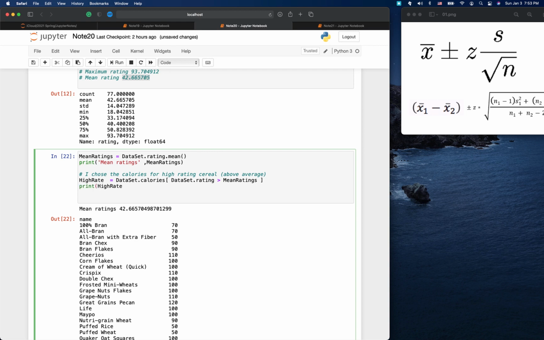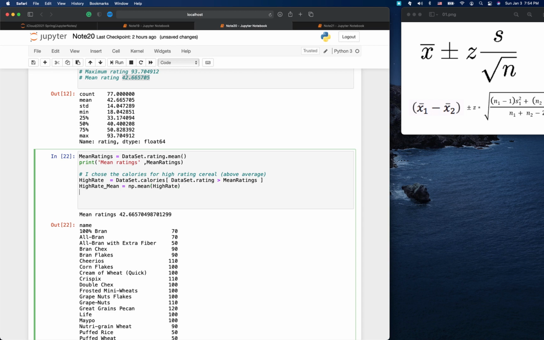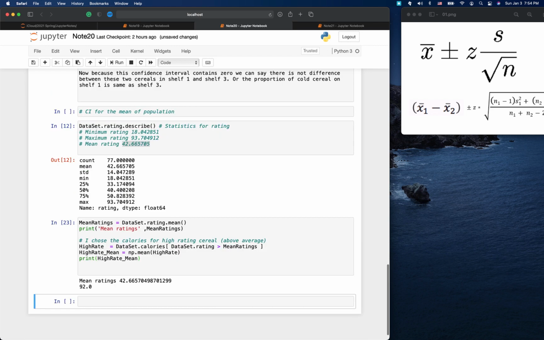and then I'm going to continue finding, actually first let's find the high rate mean by choosing high rate, actually we can use np dot mean on high rate, and then I'm going to print the mean for this high rate.